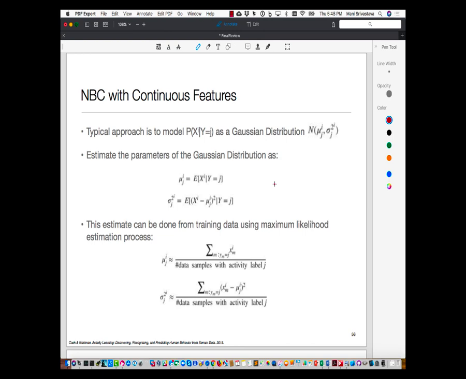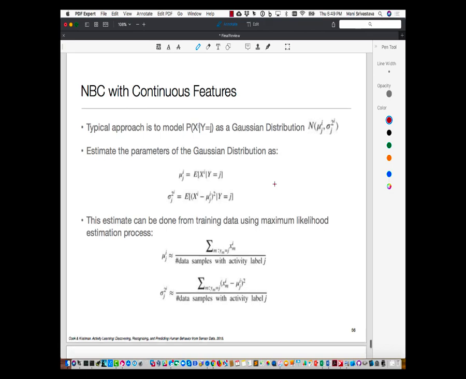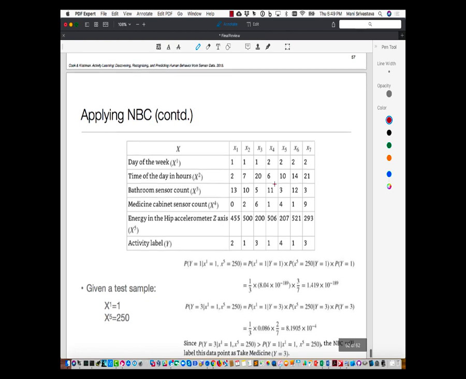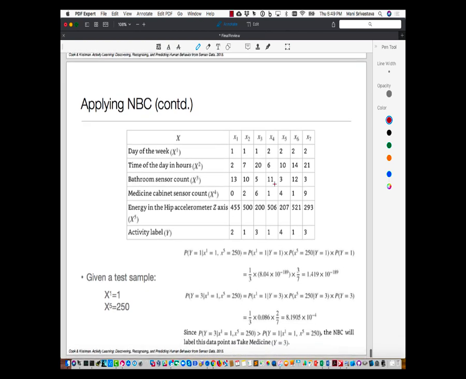For the mean, it is the summation of the samples divided by the number of samples, the standard way you would estimate a mean, and then the variance follows in the same manner. So from the continuous values, we estimate mu and sigma or sigma squared, and then we go back and apply that. This was an example.